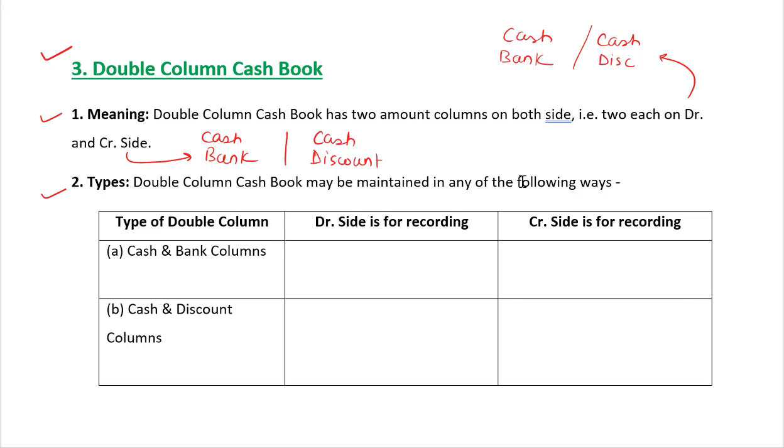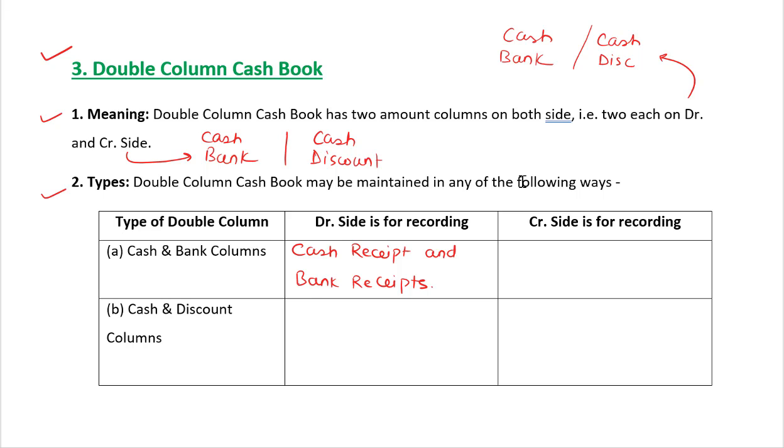Let's continue. Double column cash book may be maintained in the following manner. The first manner, that is cash and bank column. So what we will record on the debit side in cash and bank column? We will record cash receipts and bank receipts.